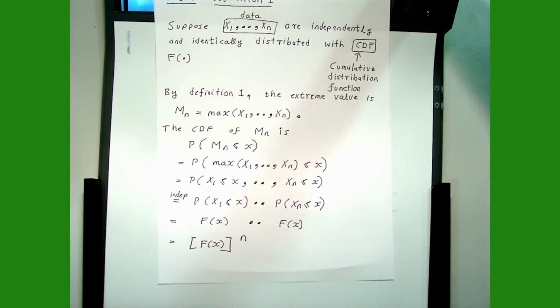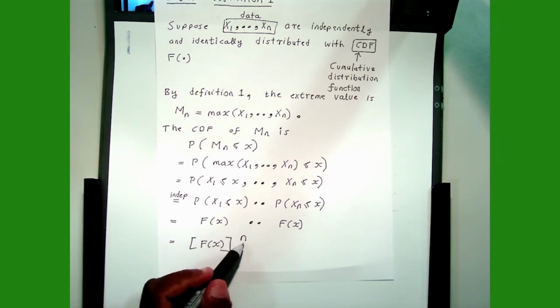So this is the distribution of the extreme value under definition 1. Now the next question is, how does this distribution behave as n gets large? Remember, n is the number of days.